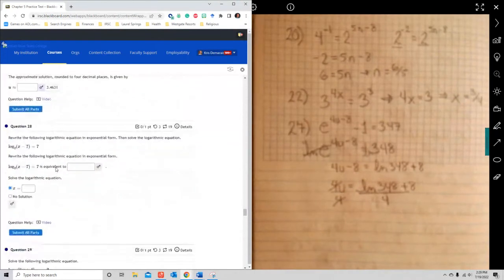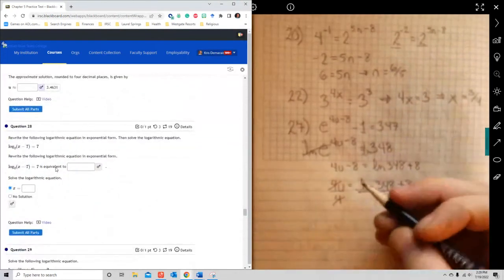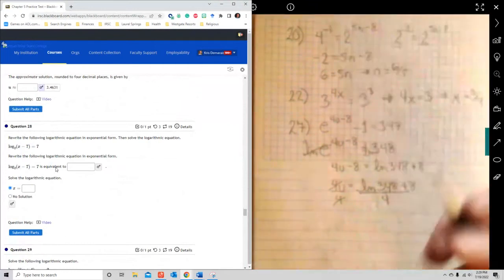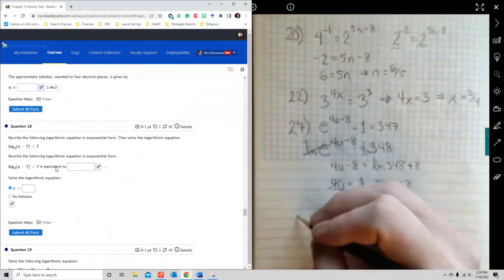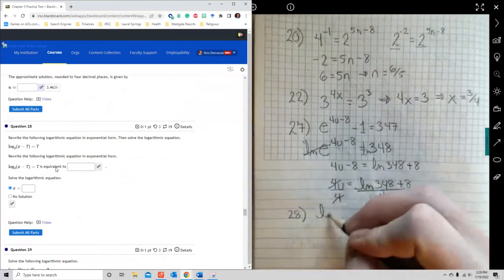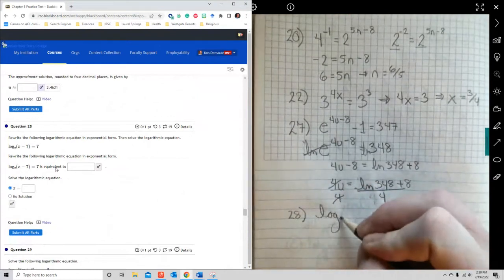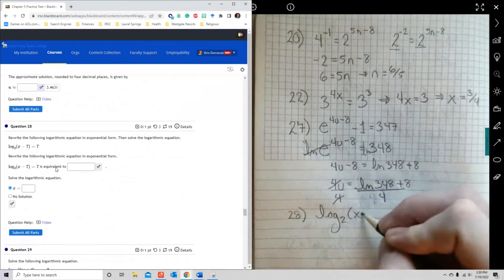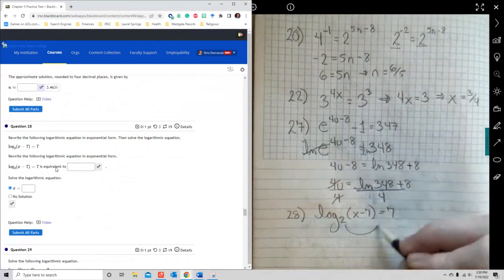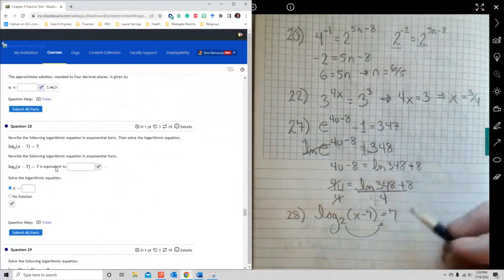All right, now let's go ahead and do this one. Rewrite the logarithm equation, express exponential form. So we're going to move this over to here, okay?